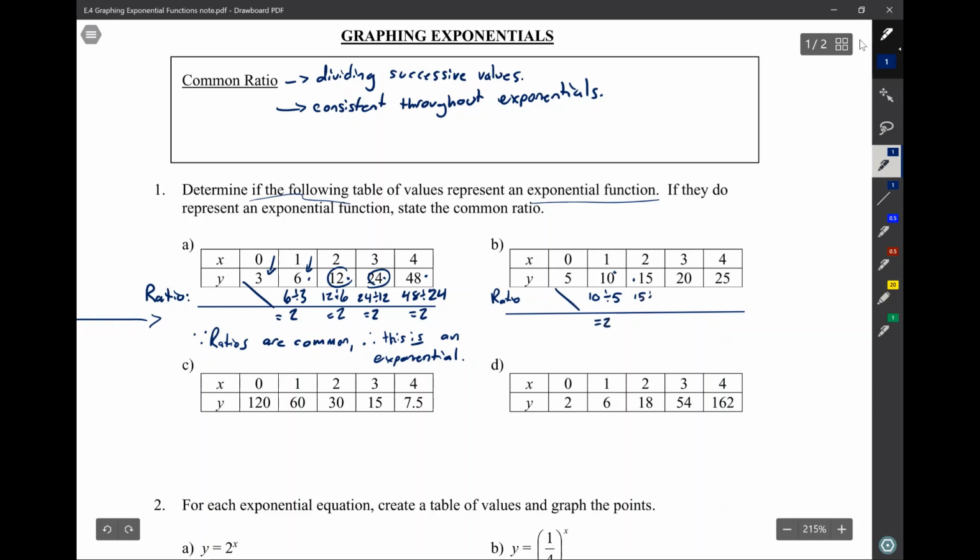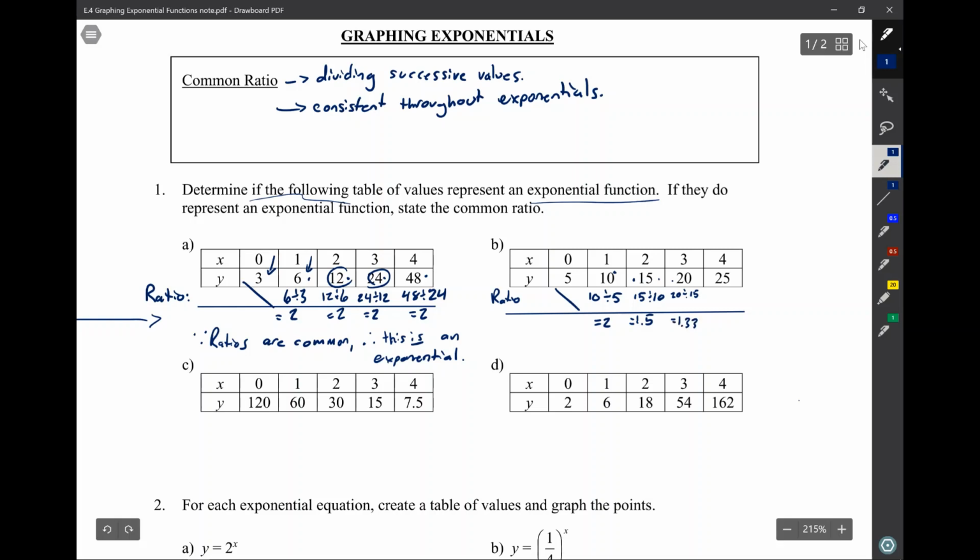Well, 15 divided by 10 doesn't equal 2. That equals 1.5. We'll try the next one just to make sure we didn't make a mistake there. 20 divided by 15 is 1.33.